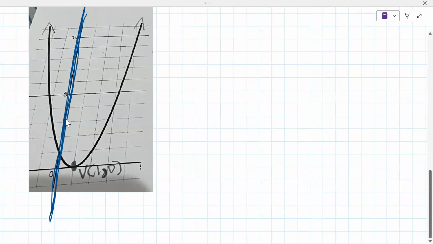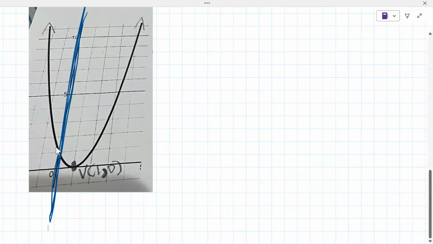So is this even? Is it the same on the left and the right?